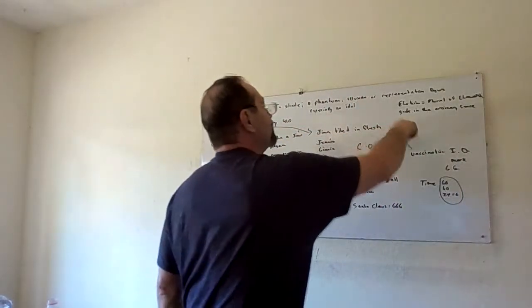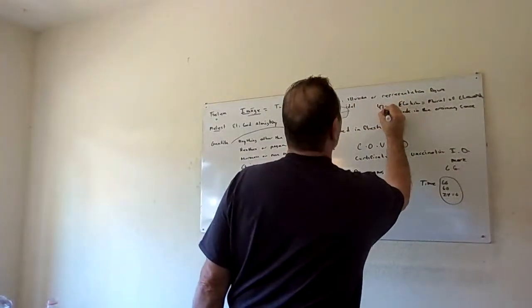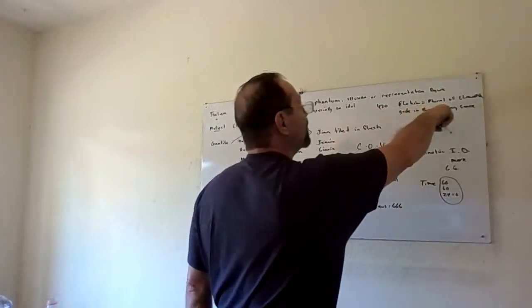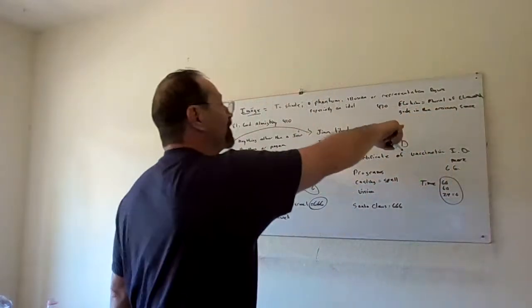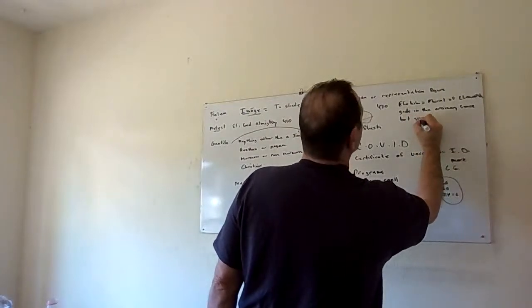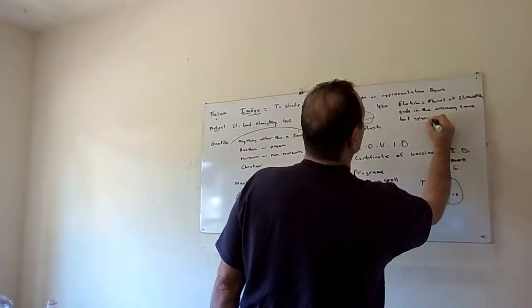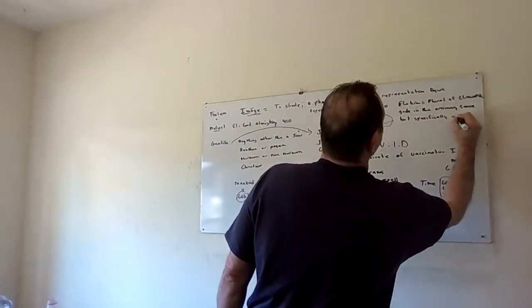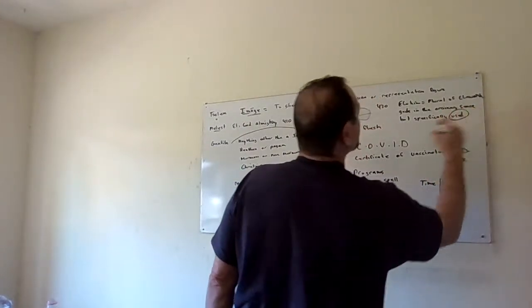So Elohim, and this is 430 of the Strong's Concordance: God, Elohim, plural of Eloah, gods in the ordinary sense, but specifically used. Wow. Used.